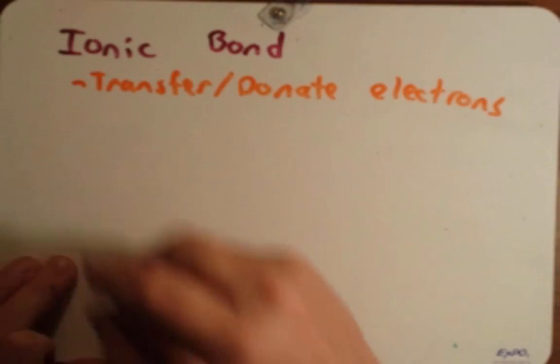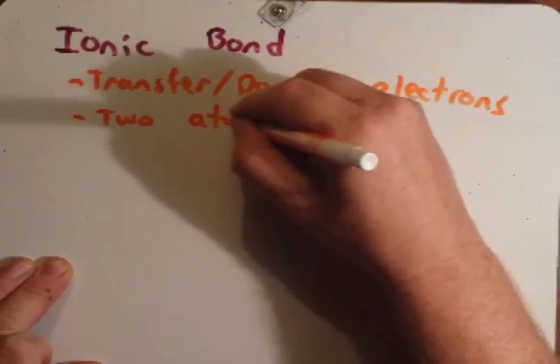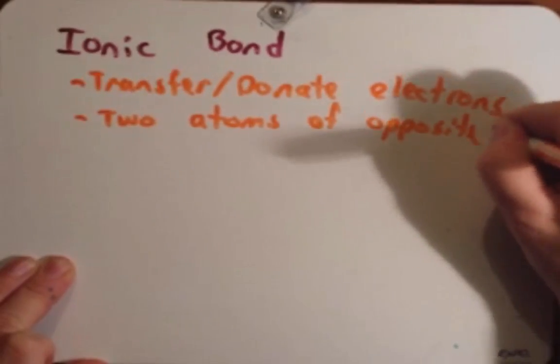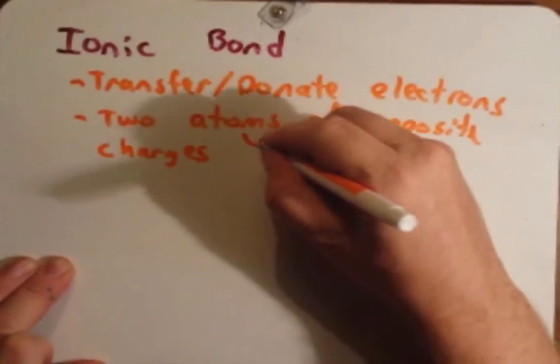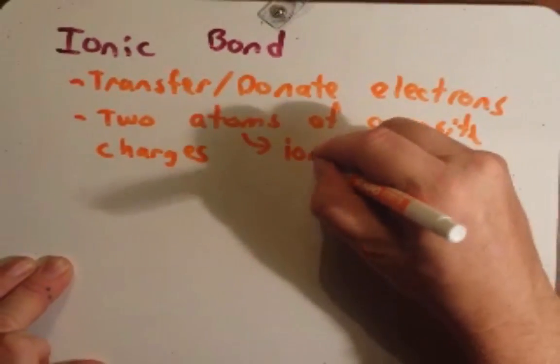When this happens, the result are two atoms of opposite charges. We call these atoms with charges ions.